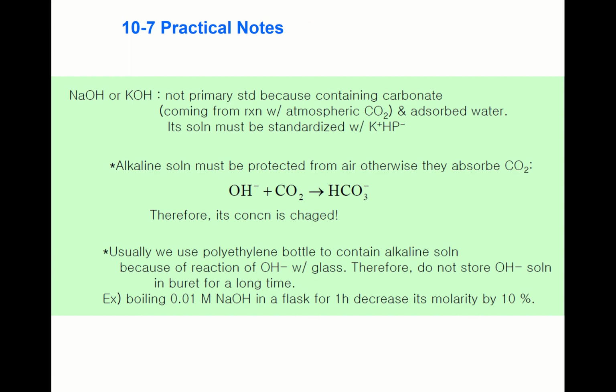Here are the practical notes. We often use strong bases, sodium hydroxide and potassium hydroxide, but the problem is that their concentration is not very precise. These species are white solids, and they are not primary standards because they contain a lot of carbonate.